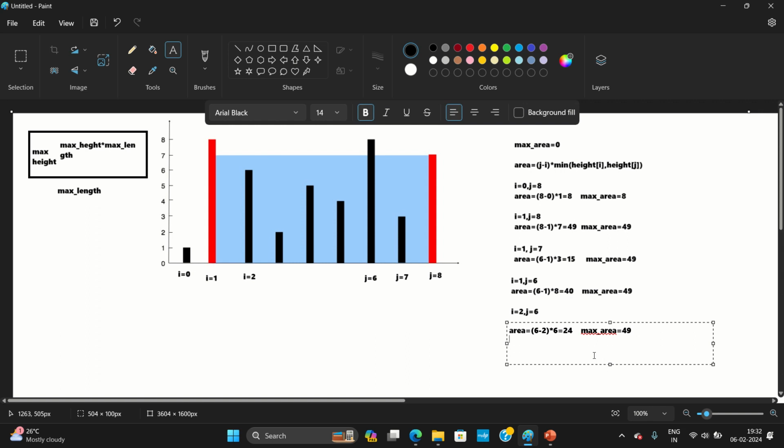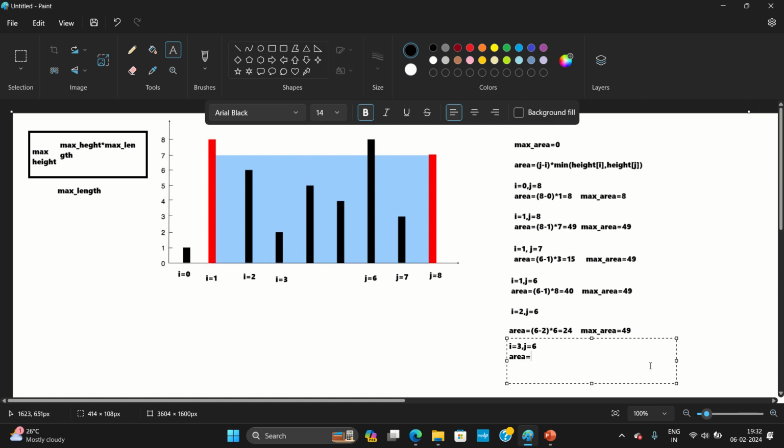Similarly, again we consider who is lesser among these two. Of course, the height at i. So again, I will try to get a better height, and in doing that, i moves one step forward. i is equal to 3. And again, we calculate the area when i is equal to 3 and j is equal to 6.